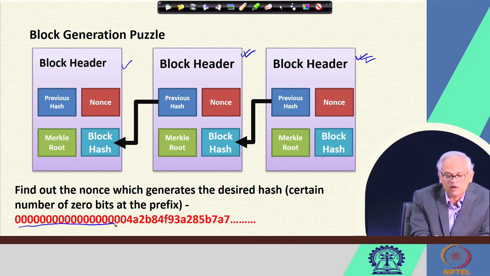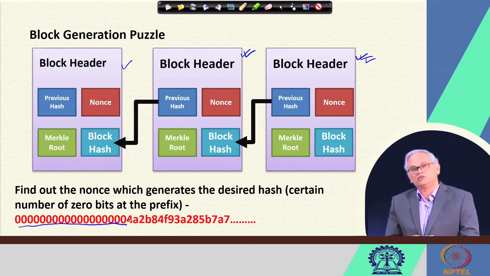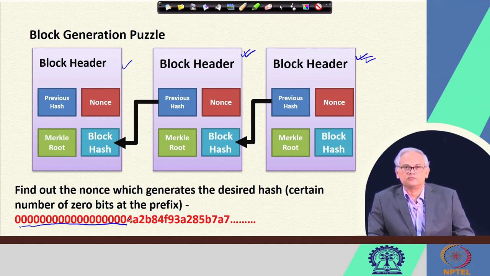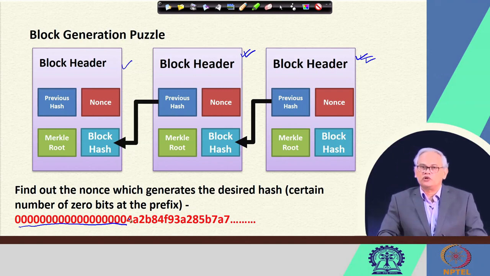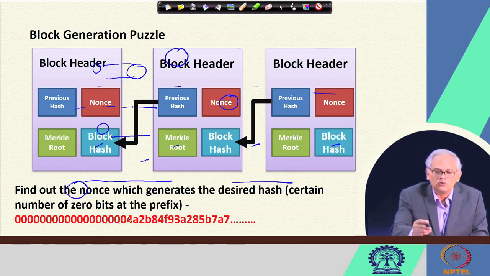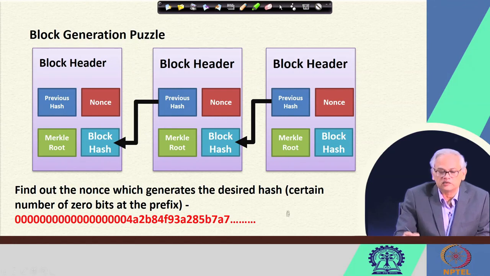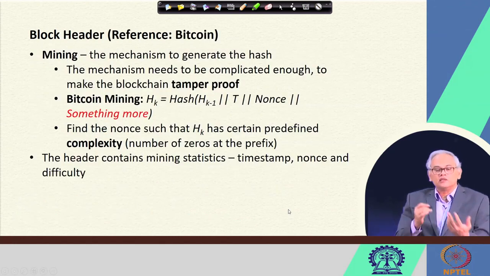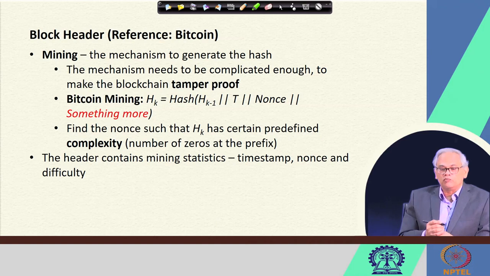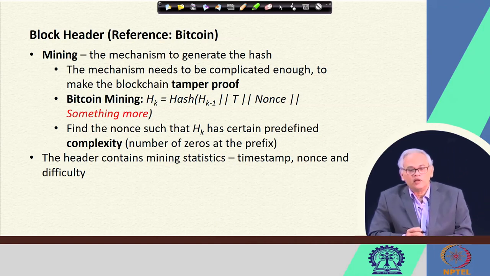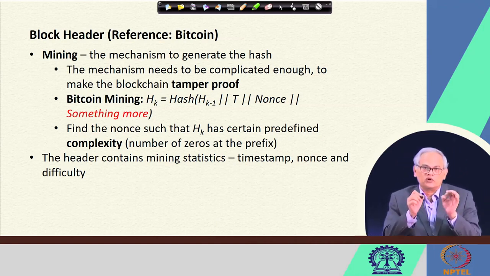So, this is an example that so many leading zeros should be there as the prefix, and this is what is going to make it very challenging. Now, let us consider how exactly this is done, and what is there in the block header. So, mining, the term mining is important, is the mechanism to generate the hash for a particular block.